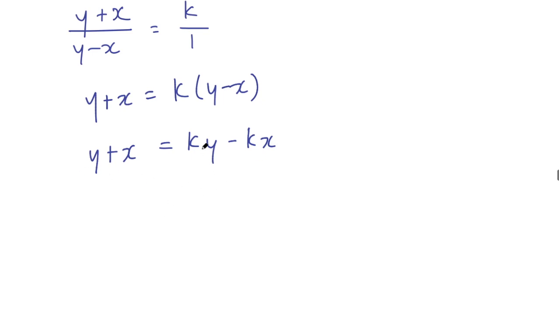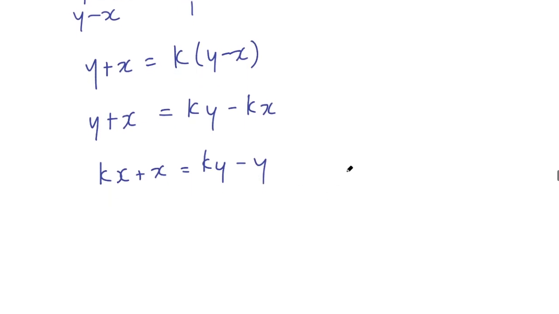So I want these y's on the same side and the x's on the same side. So I can add this kx over here, so I get kx plus x, and then minus this y over this side, so I get ky minus y.